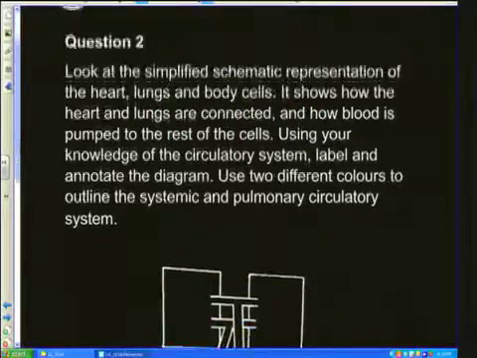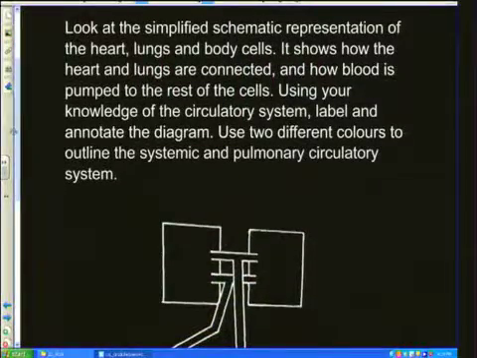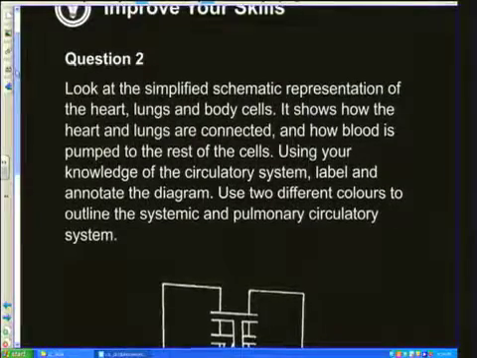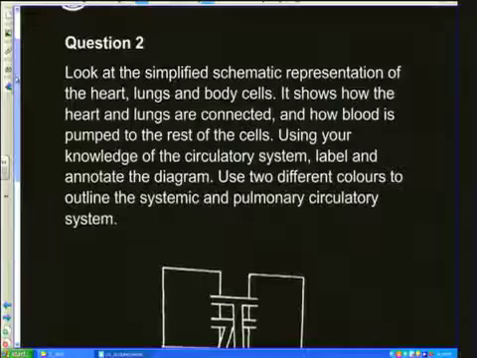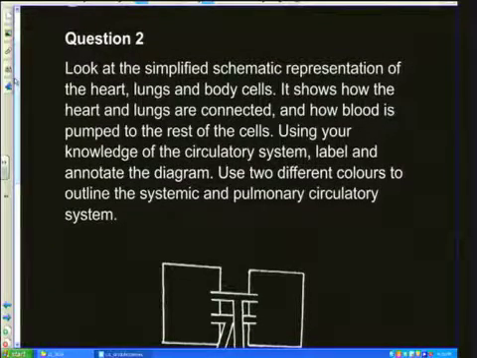All right, okay. The next question is, it's a bit of an odd exam type question, I must admit, but I think you can use this question, and even this diagram, as a very important study method. Okay, it says here, look at the simplified schematic representation of the heart, the lungs, and body cells. It shows how the heart and lungs are connected.